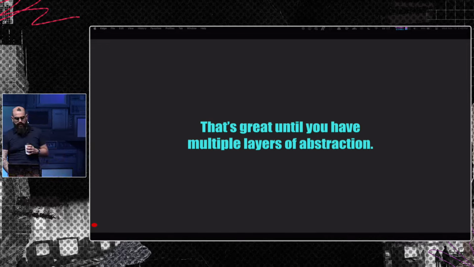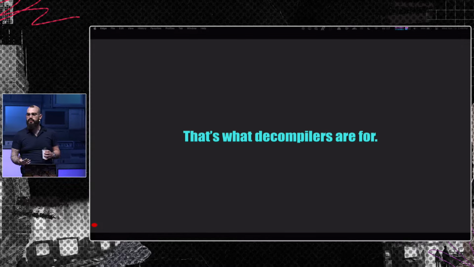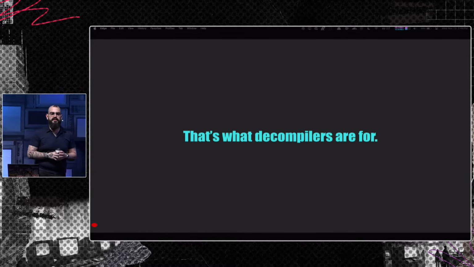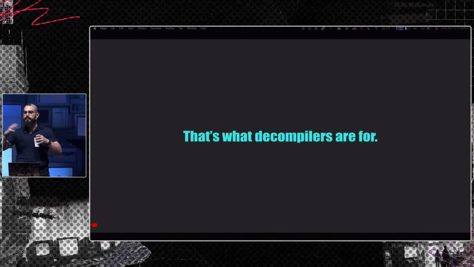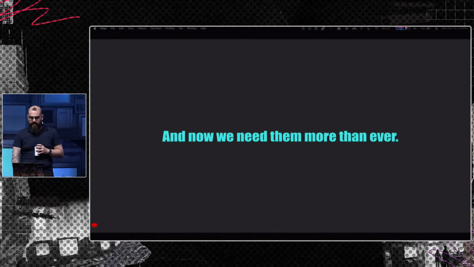At that point, that's exactly what decompilers are for, right? You need something that's going to allow you to model that same level of abstraction so that you can start to try to bring back all the things that you lost during the compilation process. So when we're looking at these new languages, I think we need decompilers now more than we ever have.